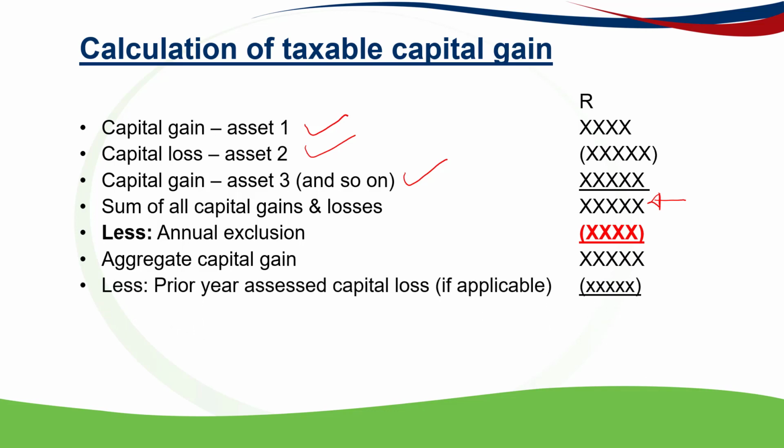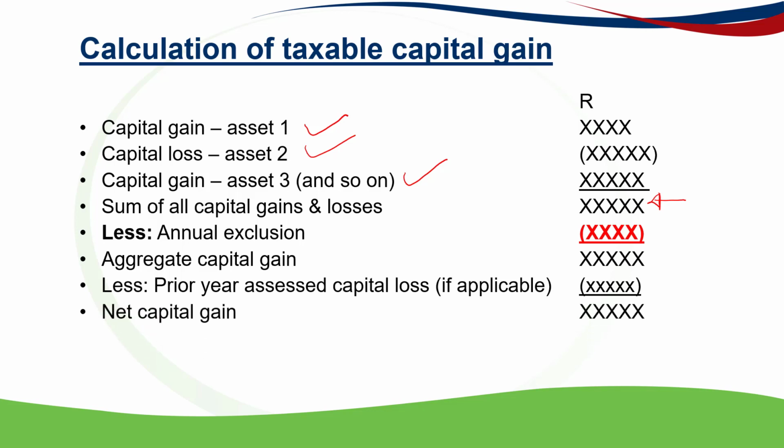If the taxpayer has an assessed capital loss brought forward from the prior years of assessment, then the third step is to reduce the aggregate capital gain by the assessed capital loss to get to the net capital gain.